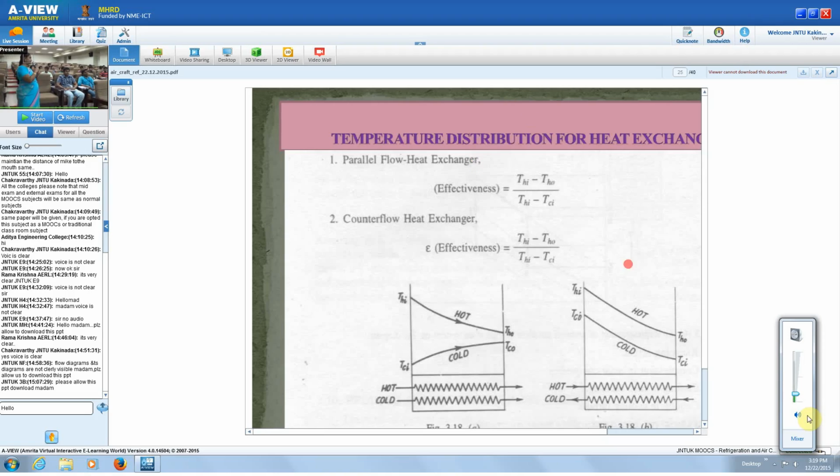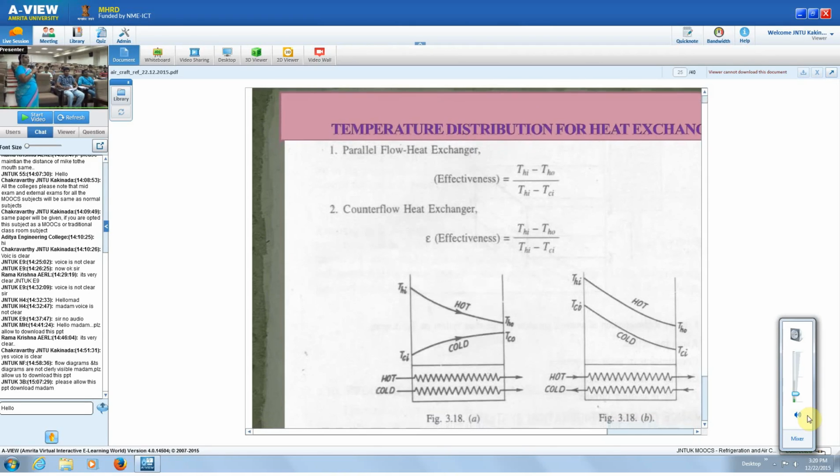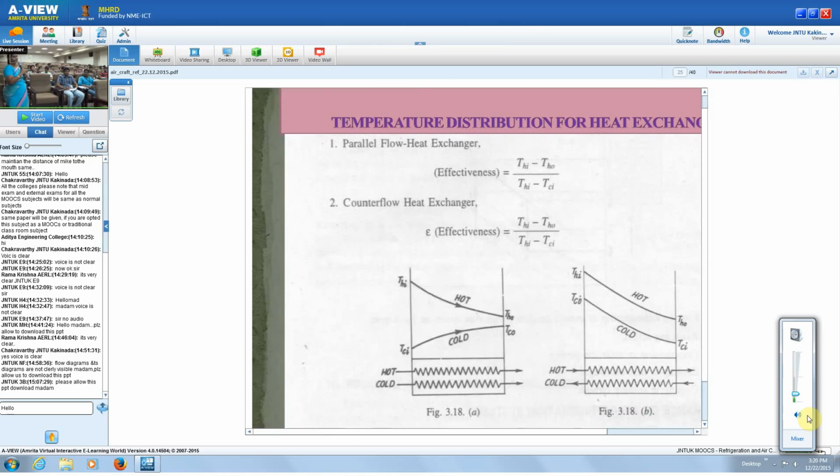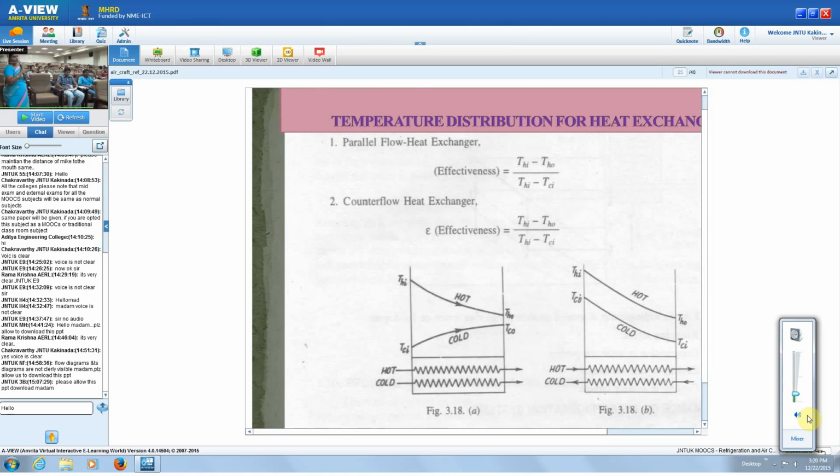You can find out even for the heat exchangers what is the effectiveness of the heat exchanger. Heat exchangers are mainly classified into two types: parallel flow heat exchanger and counter flow heat exchanger. You can find out the effectiveness of the parallel flow heat exchanger by knowing the temperatures for the hot fluid and also the cold fluid.